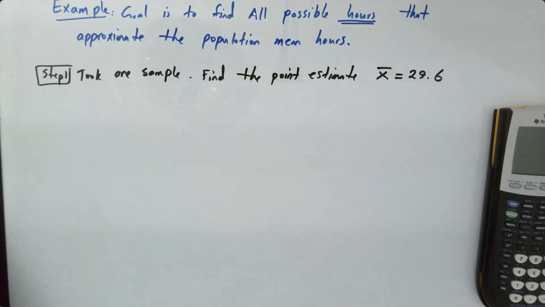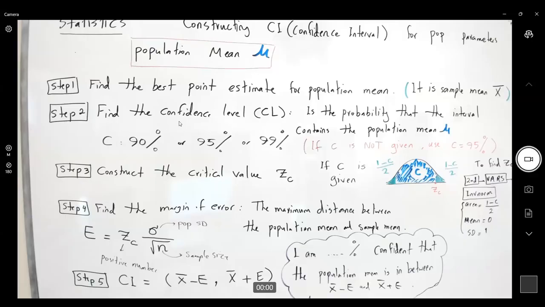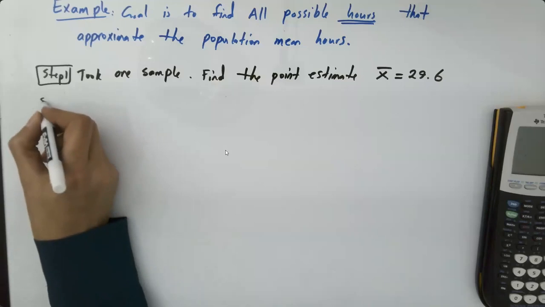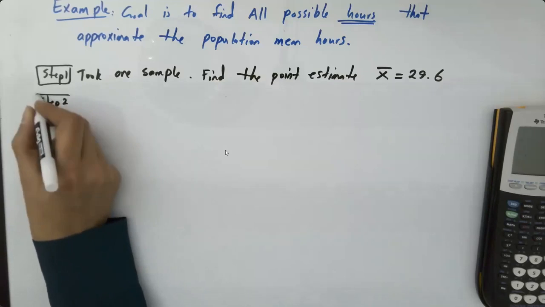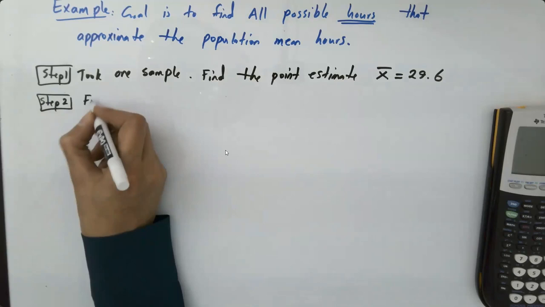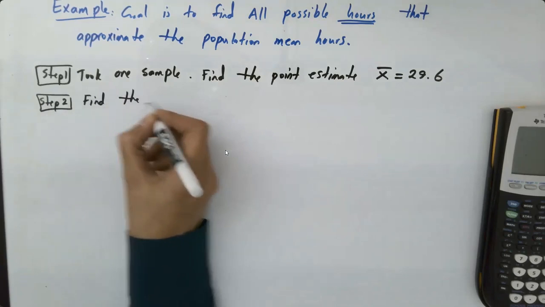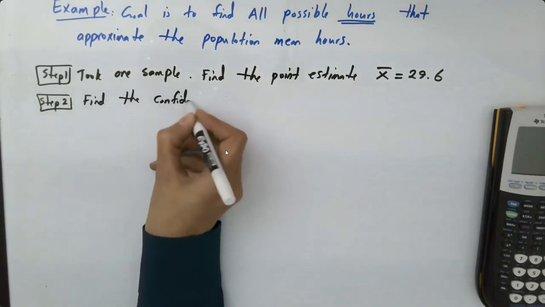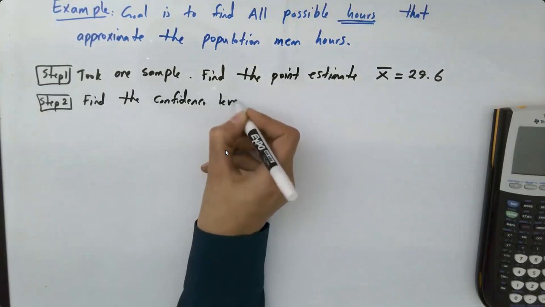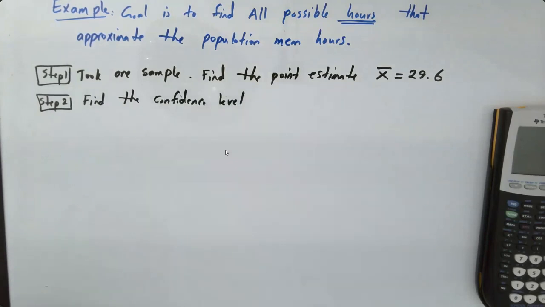What is step 2? Step 2 says find the confidence level. If the confidence level is not given, we're going to use 95%. So step 2, step by step: find the confidence level, which in this case is not given to us.